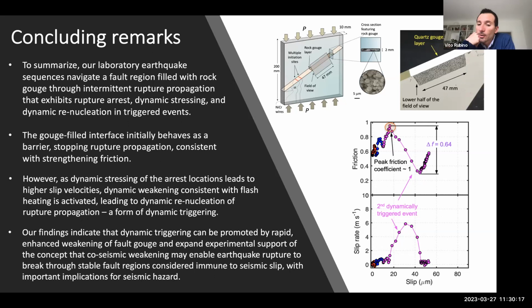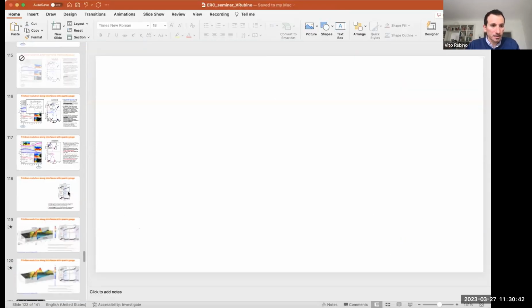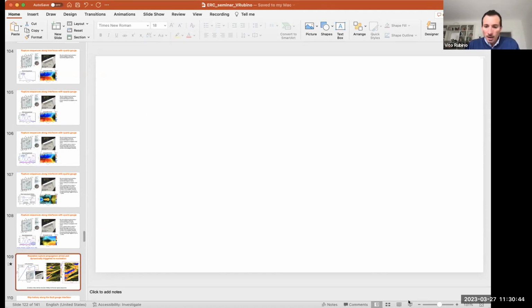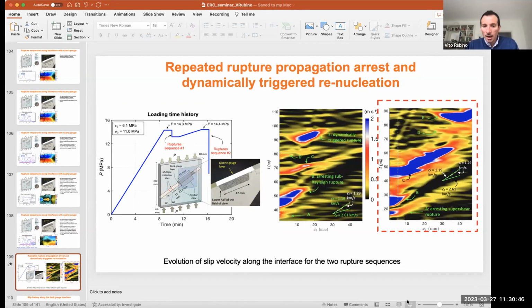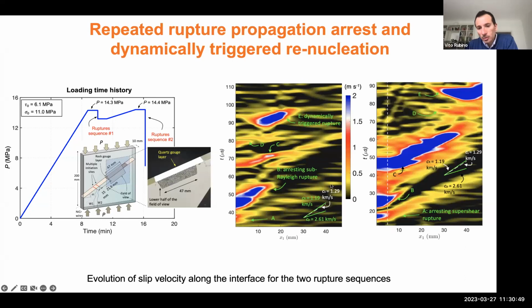Well, what was not clear from the beginning was whether gouge would have a velocity weakening behavior in terms of rate and state, in which case it would allow ruptures to go through without arresting them. If that had been the case, then in these maps here, let me go back to them, what we would see is that these events would propagate all the way through, as we see in Homalite.